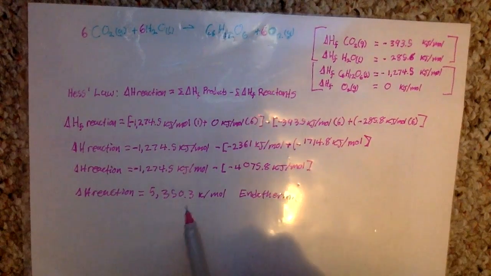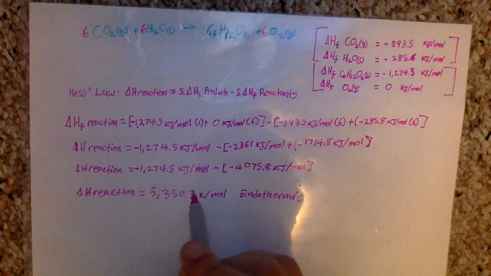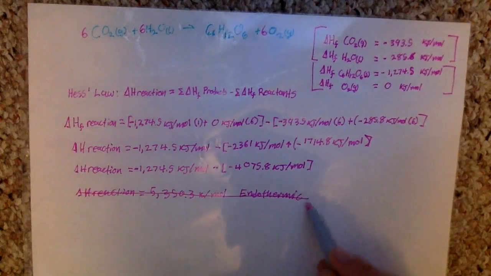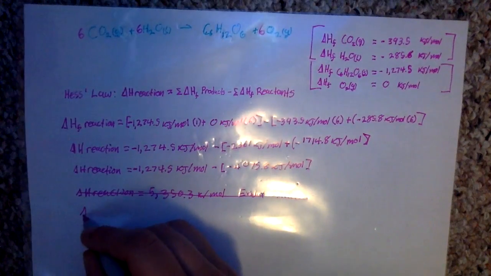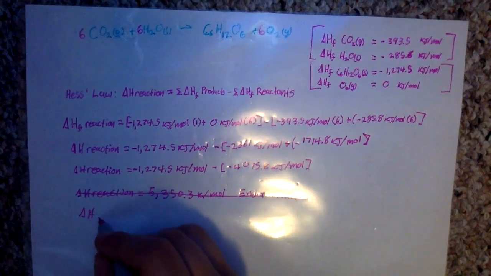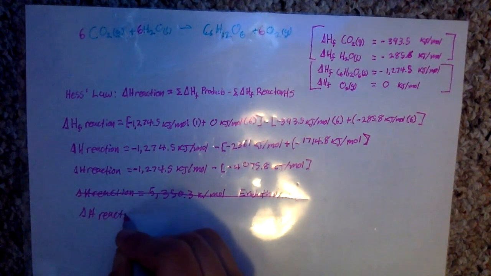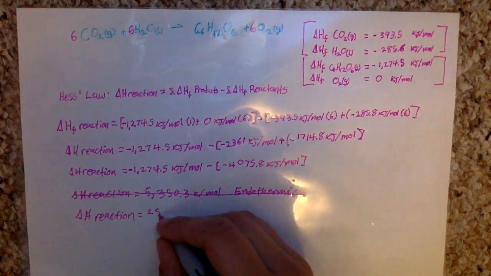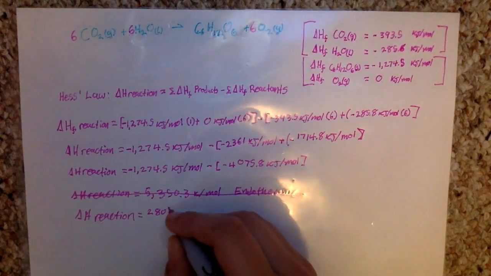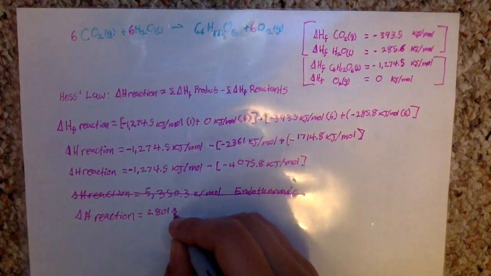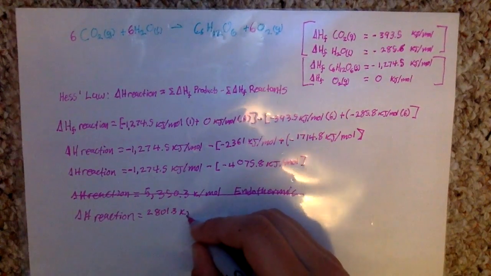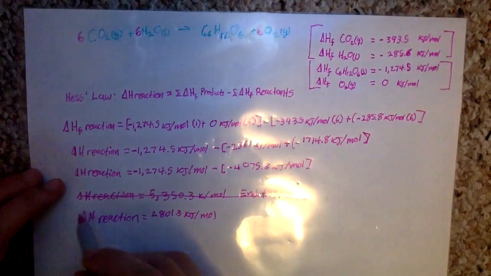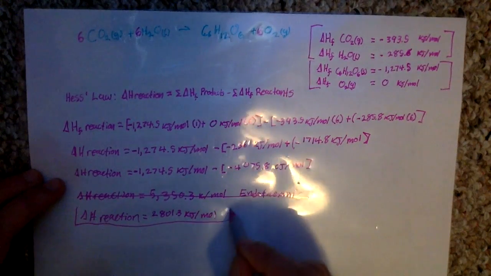And so let's go ahead and redo our calculations here. Since we know that this answer is not correct, let's say the heat of reaction is going to be equal to 1,801.3 kilojoules per mole. And there you have it.